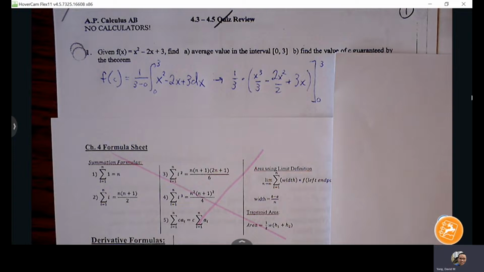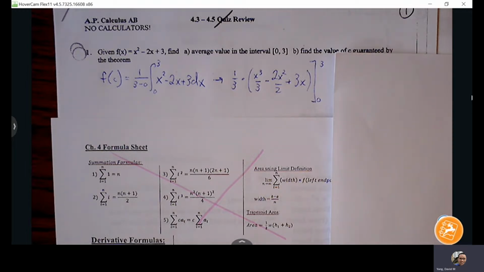Insert the lower bound in for all the variables. So I get 27 over 3. The nice thing about this is that this all goes away. 27 over 3 is 9, minus 9 plus 9, which is 9. But I don't want to forget about the 1/3 in front.